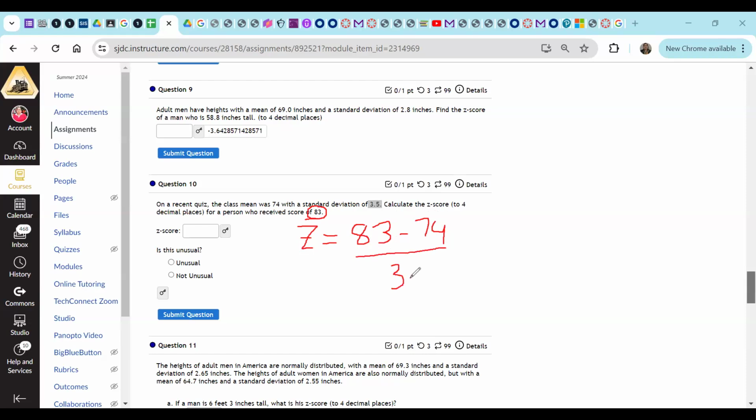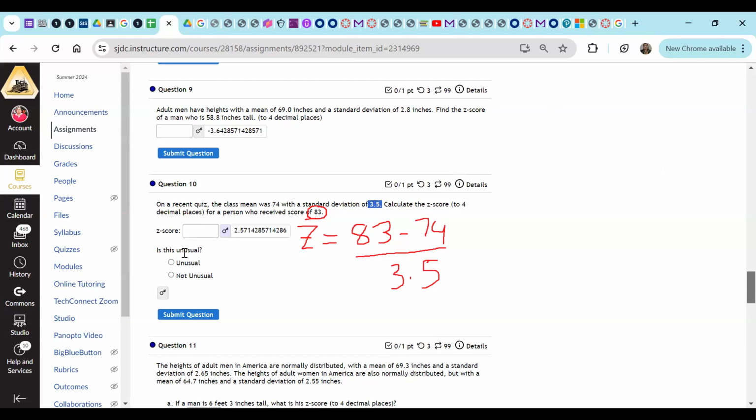Calculate that. Let me know what you get in the chat. 2.57142 seems correct. Let's double check it here. 2.57 is correct.